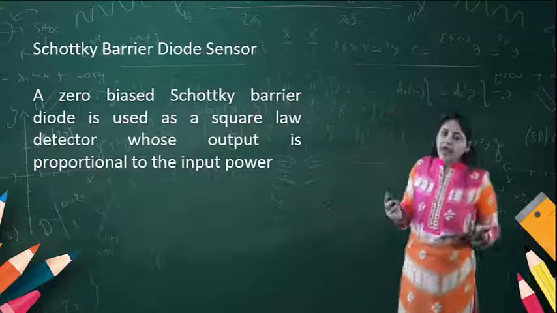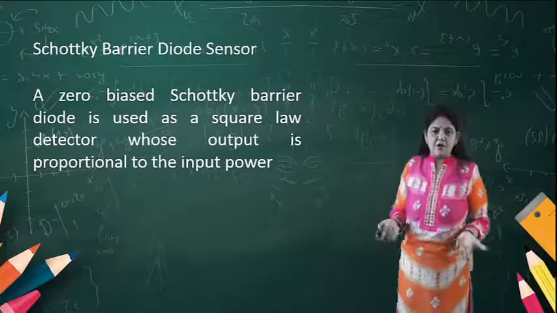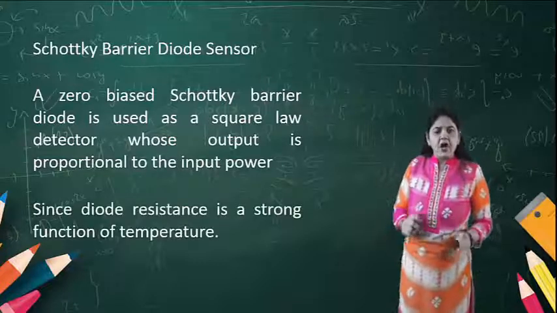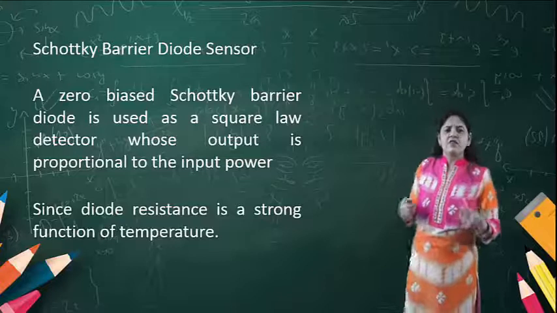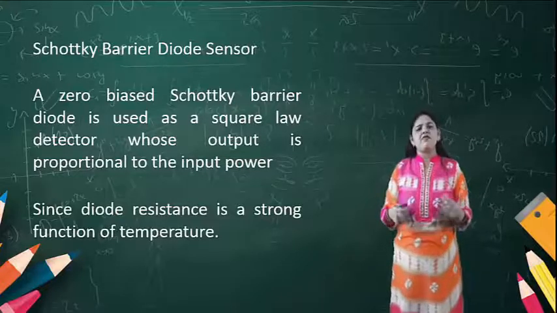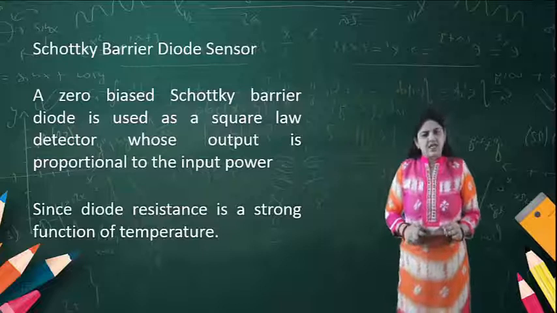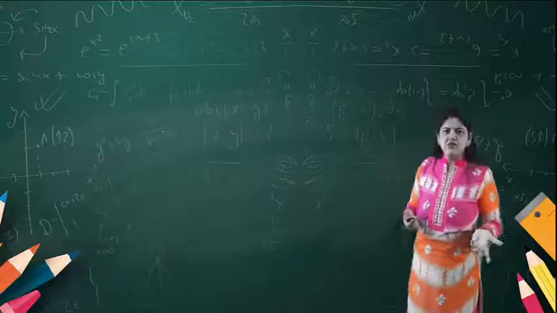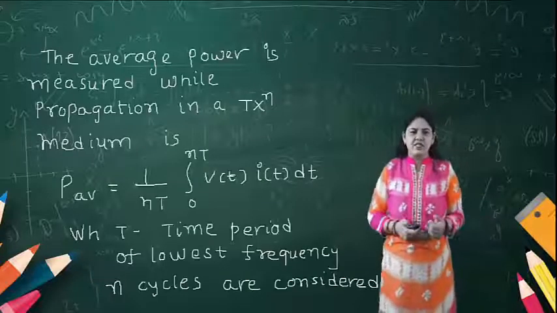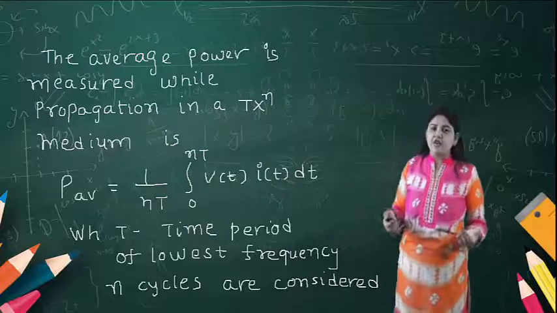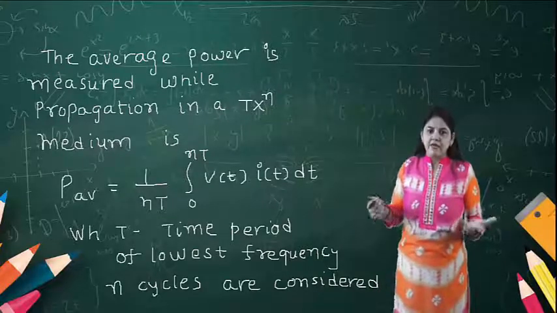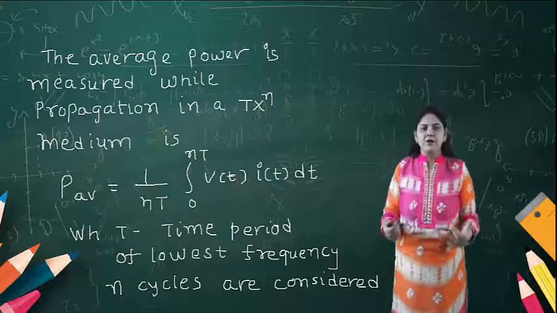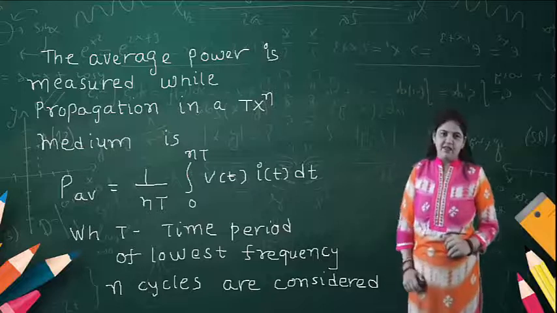We know that in a square law detector the output power is proportional to the input power, and accordingly the diode resistance can vary with temperature. This way it produces microwave heat. According to the change in the resistance value, the heat produced can vary.